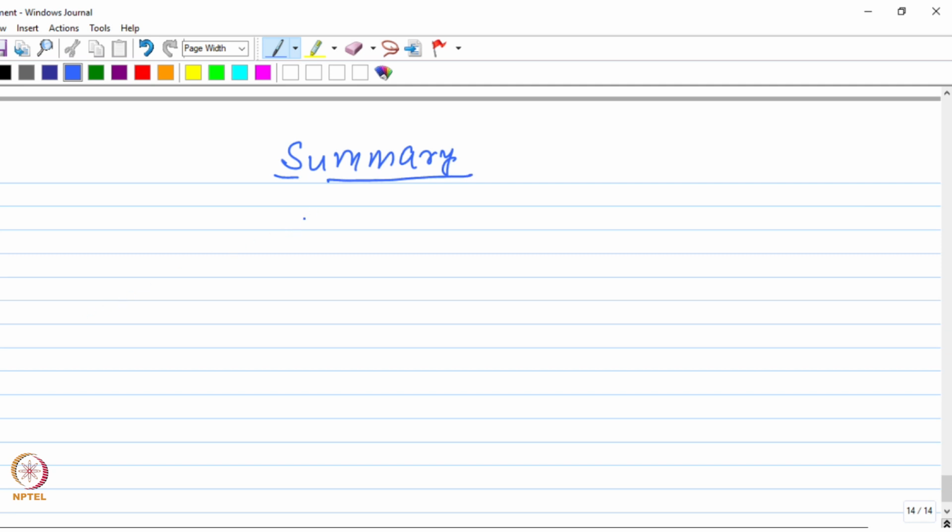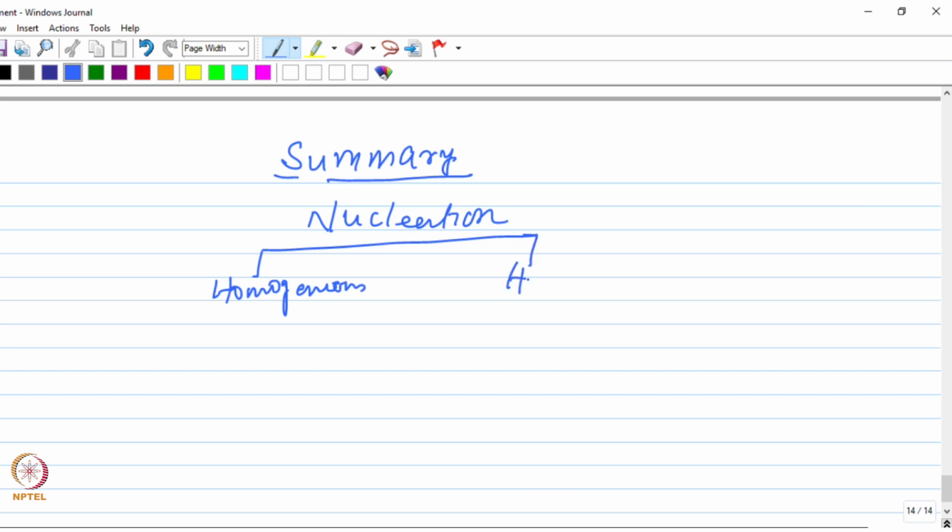So to summarize, we can say that there are two types of nucleation: homogeneous and heterogeneous. Homogeneous nucleation occurs uniformly across the parent phase without the aid of any surface or defects.